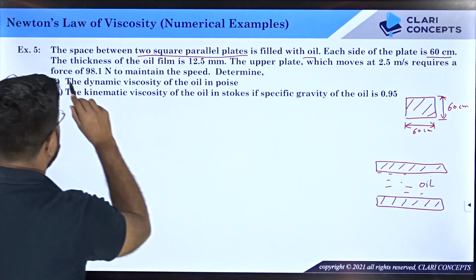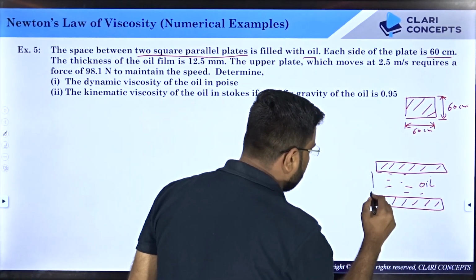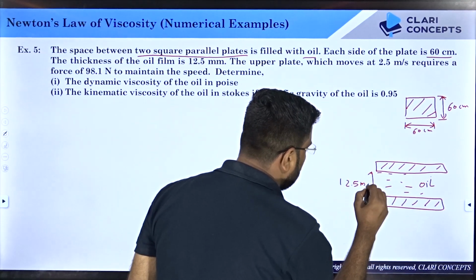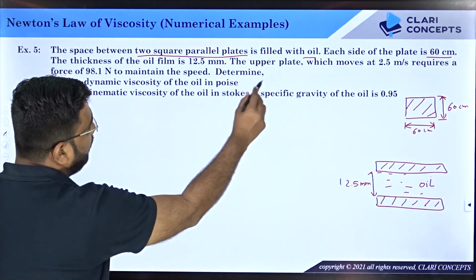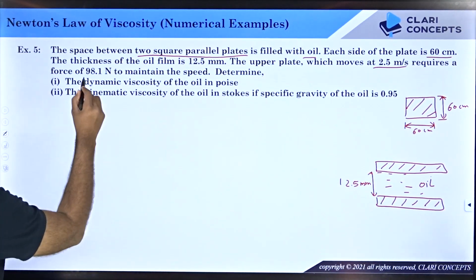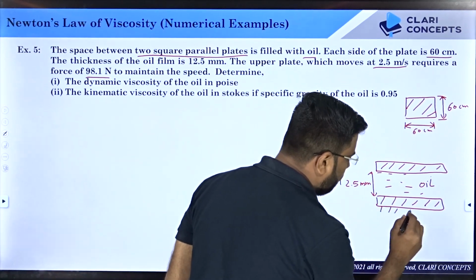The thickness of the oil film is given to you as 12.5 millimeter. The upper plate, which moves at 2.5 meter per second, requires a force of 98.1 Newton to maintain this speed. So this plate by default is fixed.